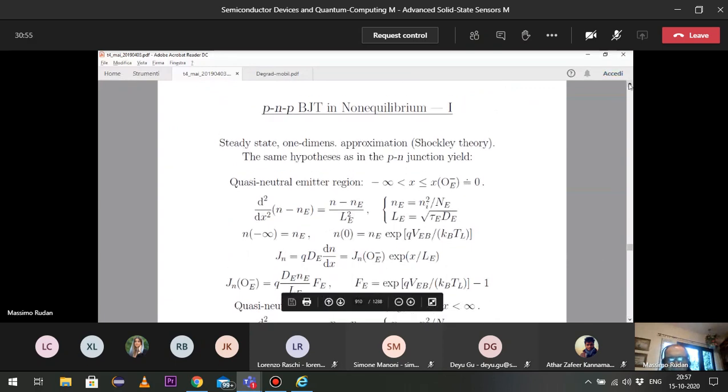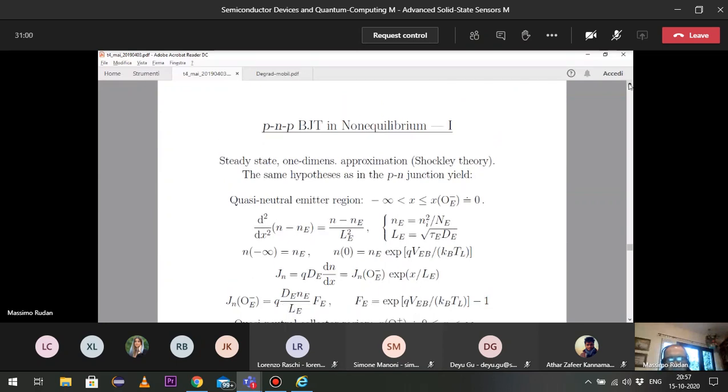So we start with the emitter, and we consider the PNP type transistor, okay? We assume that the device is in non-equilibrium condition. That means that we have applied one voltage from the emitter to the base contact and another voltage between the collector and the base contact.